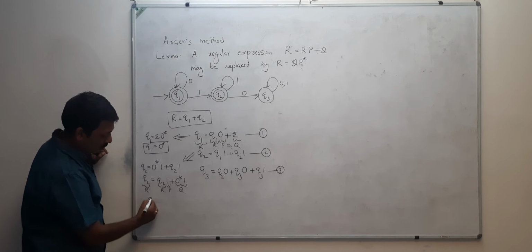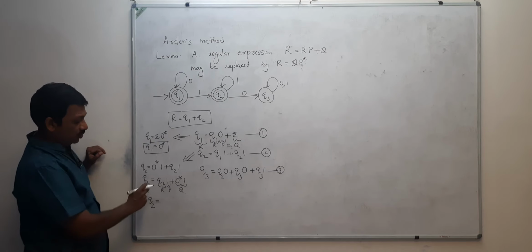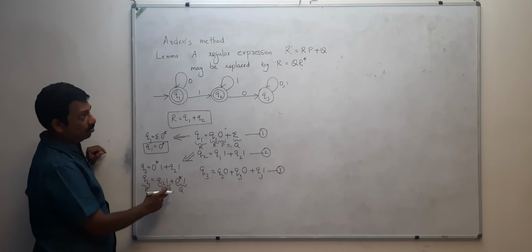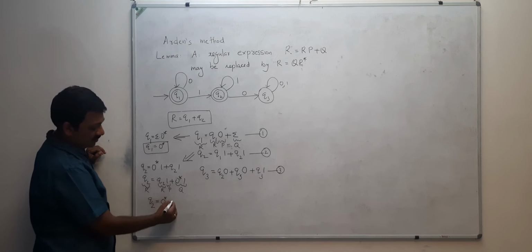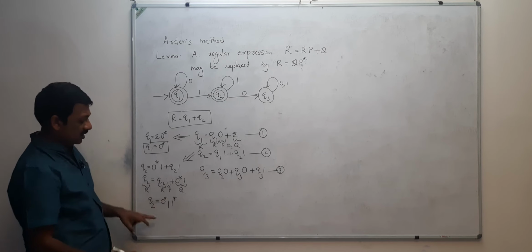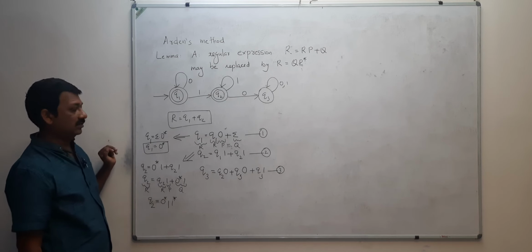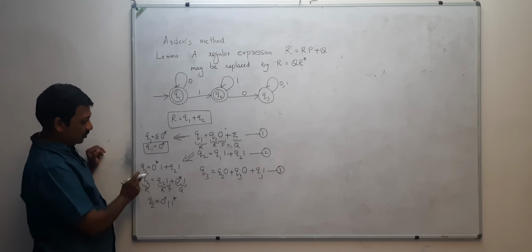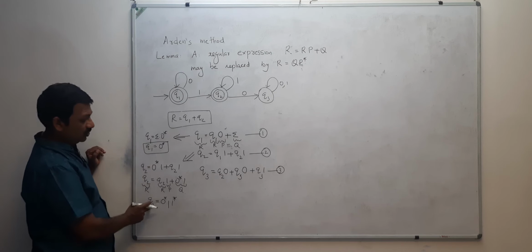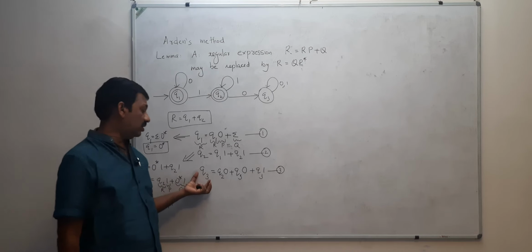So Q2 is equal to QP star. Q is 0 star 1 and P star is 1 star. That is 0 star 1 1 star. So you got Q2 also. You know Q1 and you know Q2. So there is no need to calculate Q3.